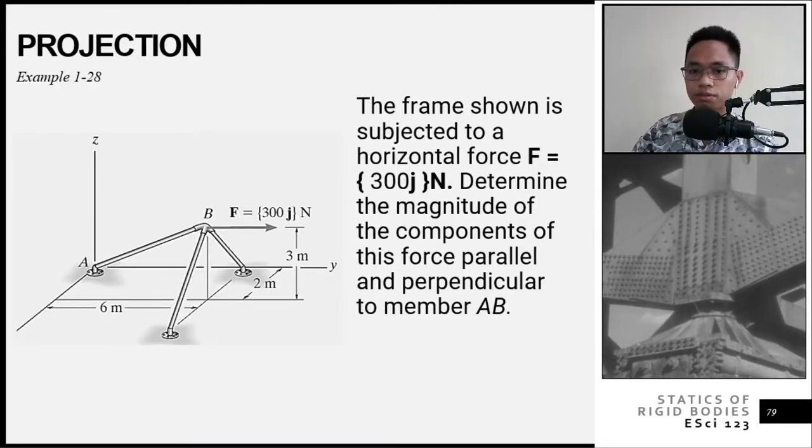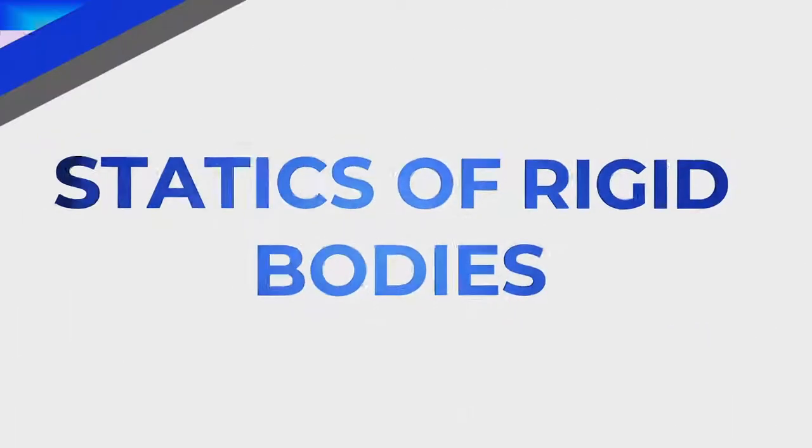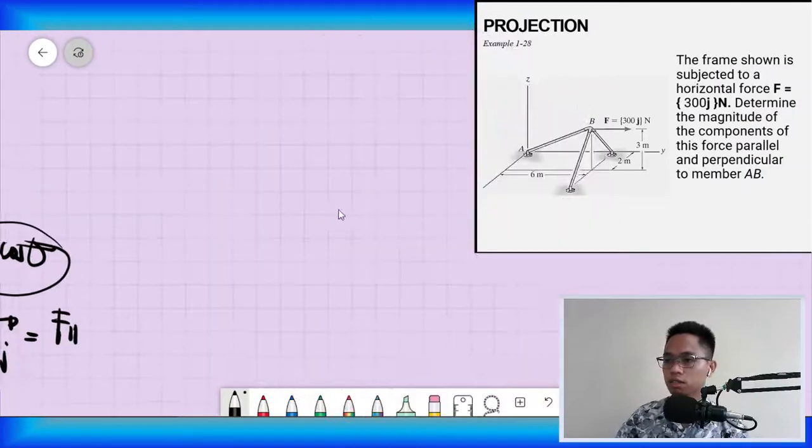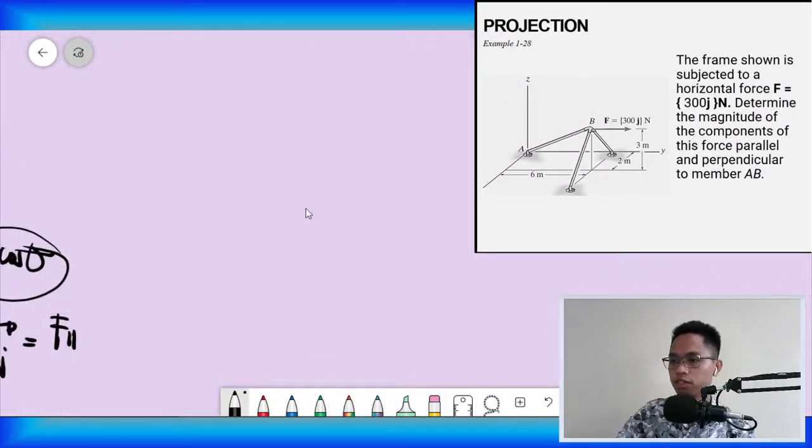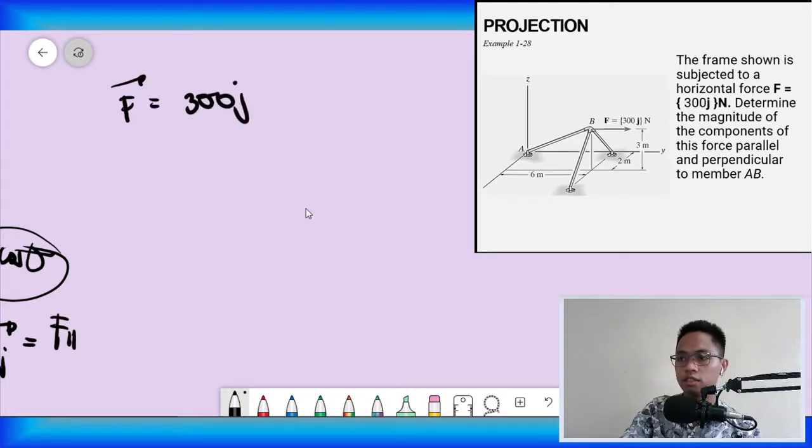Let's solve for the given force. The given force is 300 j, no i and no k. And the given line is line AB.